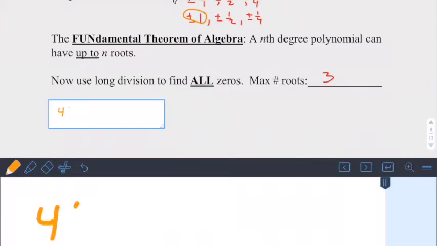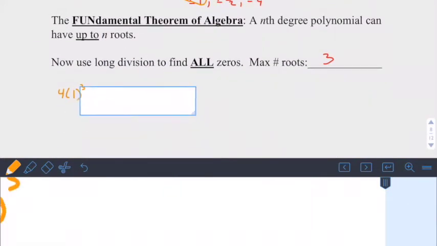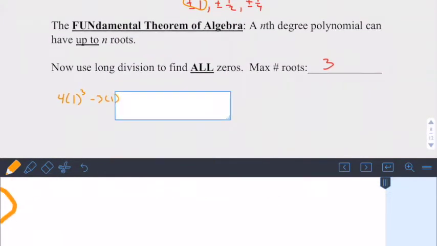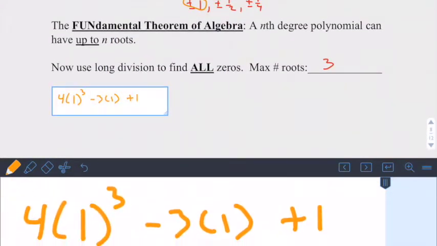So I'm going to say 4 times 1 cubed minus 3 times 1 plus 1. And to save time, I'm just going to plug this into my calculator.